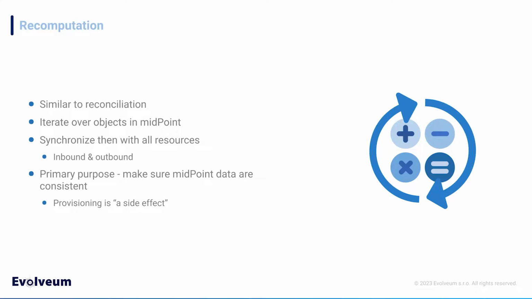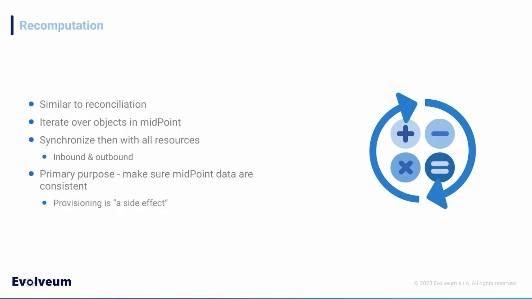Okay, so those were tasks that were manipulating external resources. And then we have something similar, recomputation, which behaves really close to the reconciliation, but instead of using external objects on a given resource, it's just using objects in MidPoint. So again, it iterates over specified objects in MidPoint. Usually you run this for all users, all roles, all groups, whatever is needed.